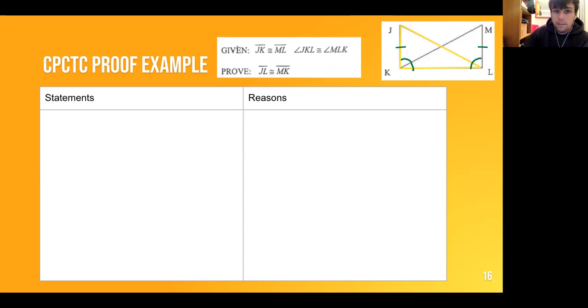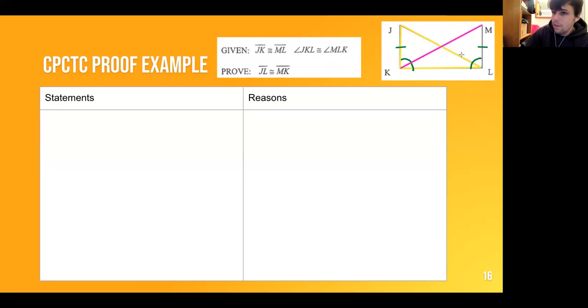So a couple things. One, just looking at the markings, this whole angle seems to indicate this bigger triangle versus that smaller one. But also the sides that we are trying to show are congruent, let me just do this in pink here. We're trying to show that JL, which is right here, this long length here, is equal to MK, which is this other one.